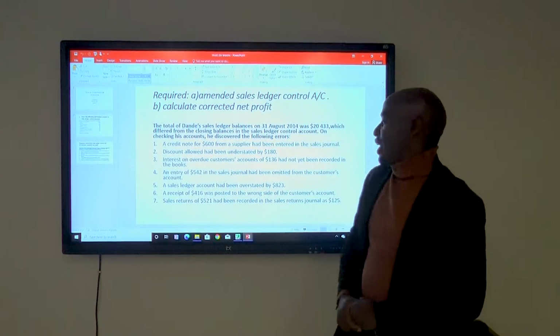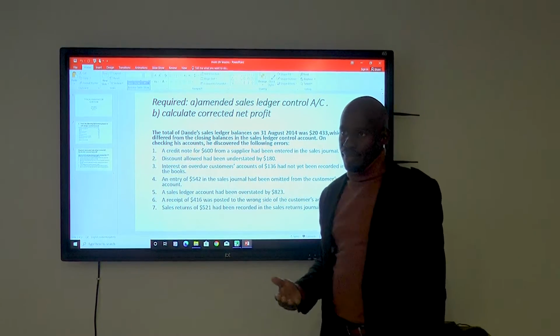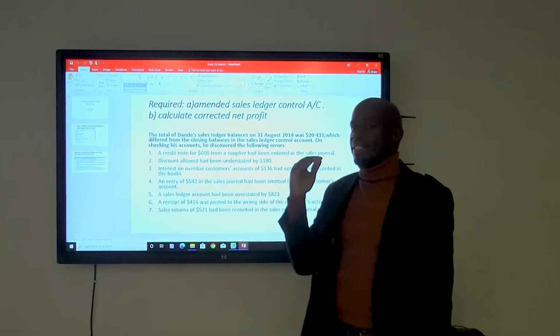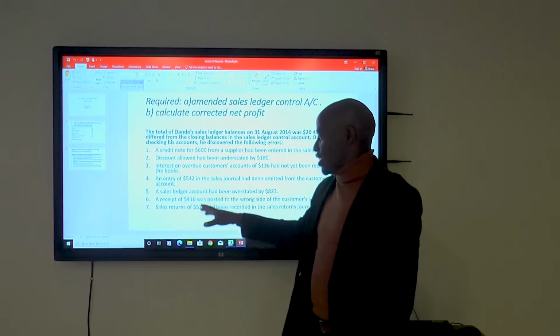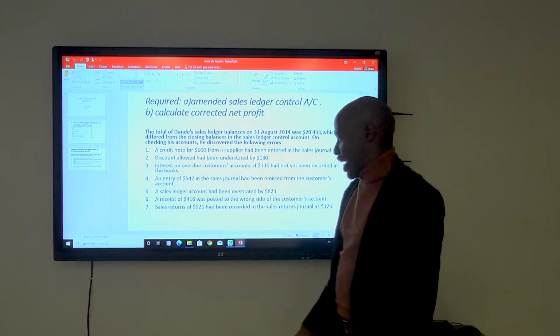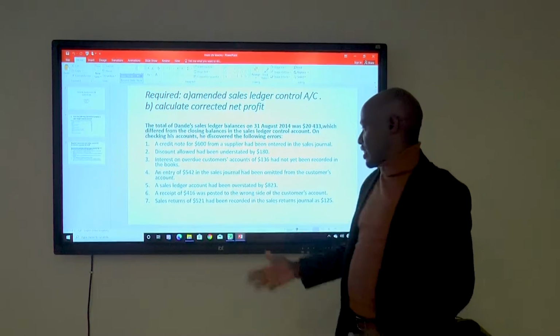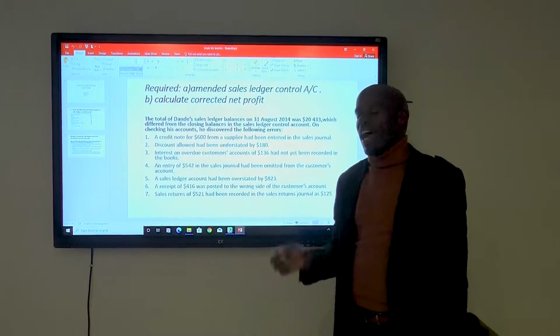Error number 5. A sales ledger account had been overstated by 823. Again, a sales ledger account is a personal account. It does not affect our total accounts. Hence, we do not include this in an amended sales ledger control account. Error number 6. A receipt of 416 was posted to the wrong side of the customer's account.